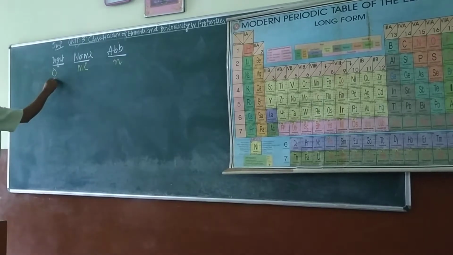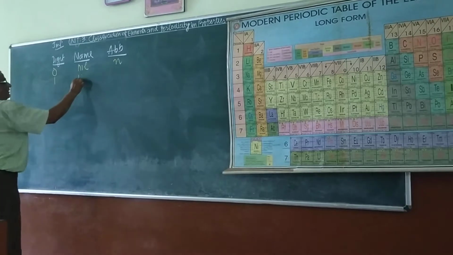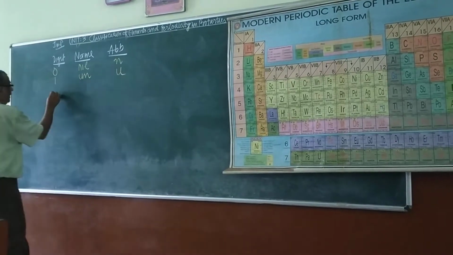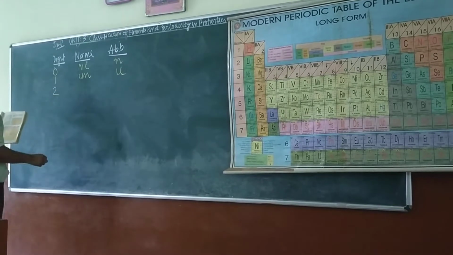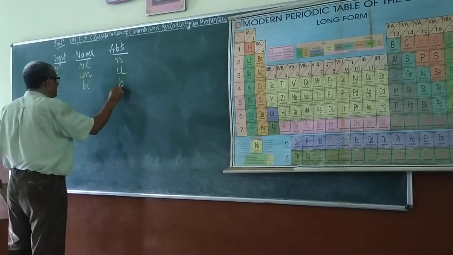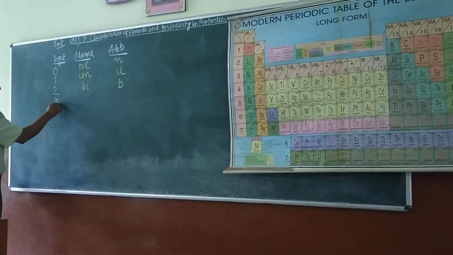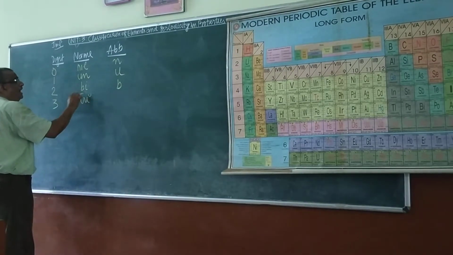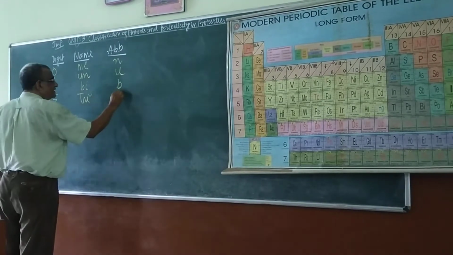If the digit is 1, it is un, and the abbreviation is u. If the digit is 2, it is bi, and the abbreviation is b. If the digit is 3, the name is tri, and the abbreviation is t.